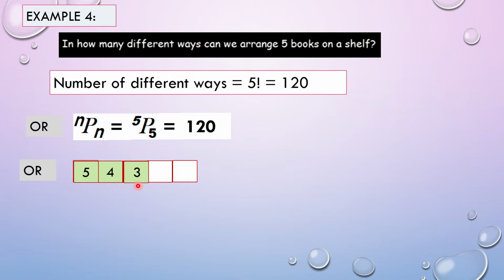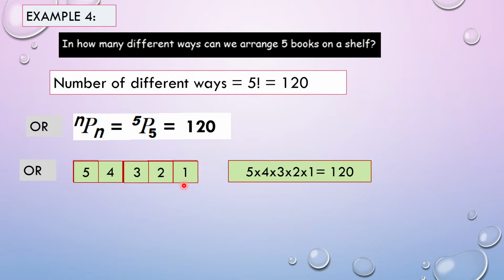Then you reduce one more, then you get 2. And for the final answer, you multiply all these numbers, and it equals 120. So these are the 3 ways which you can use to calculate the number of ways to arrange n different objects.